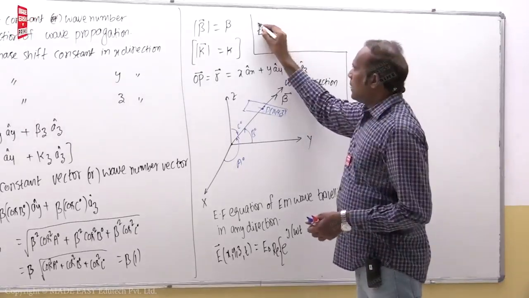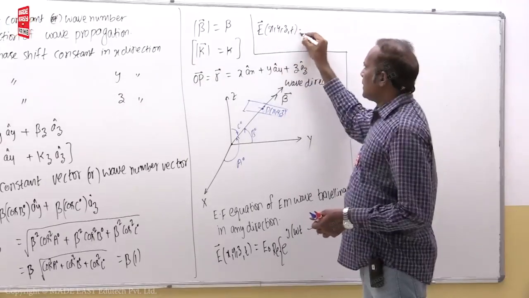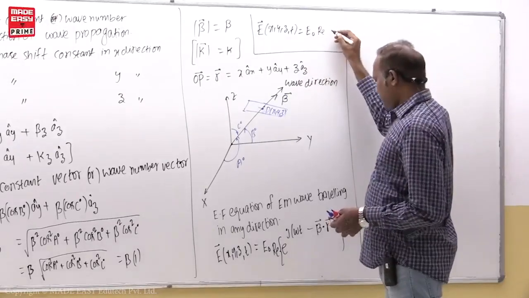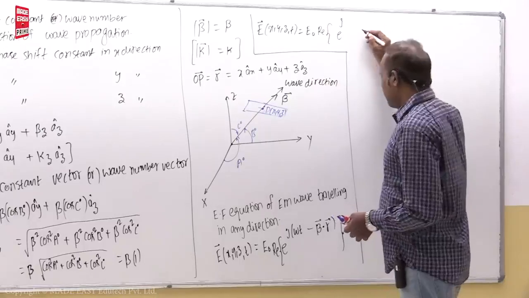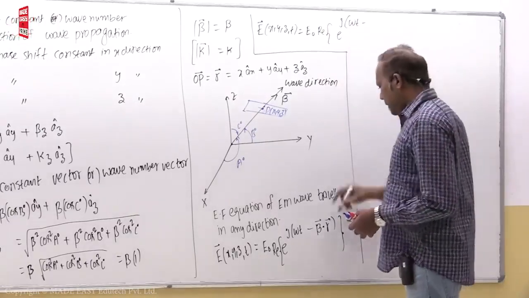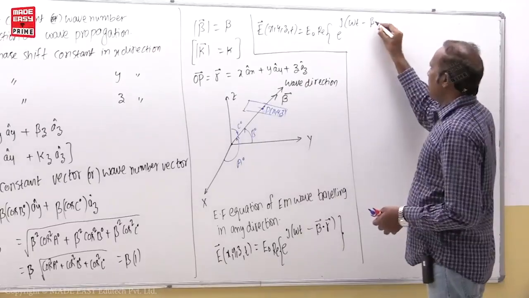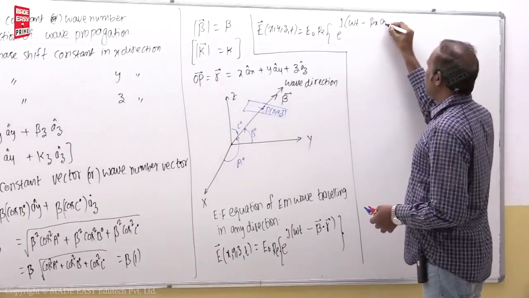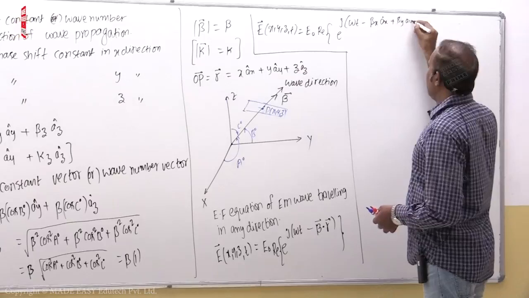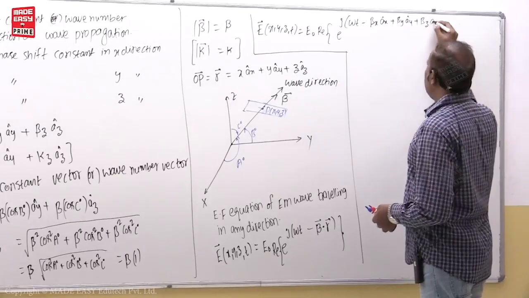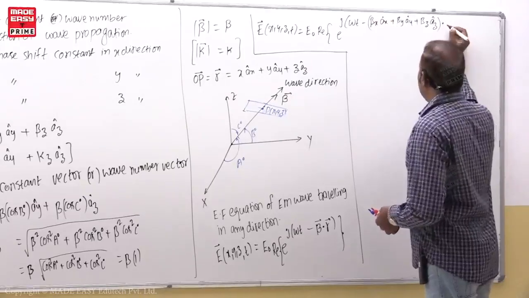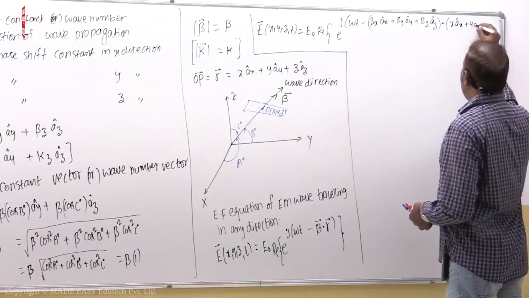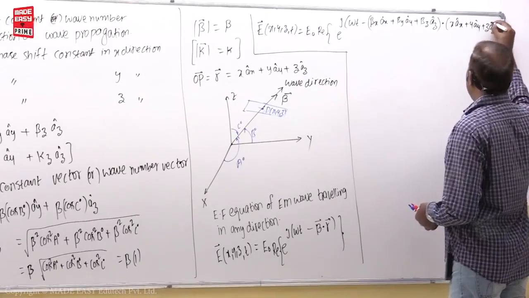Now E bar of x, y, z, t is equal to E naught, then real part of e power j omega t minus beta bar, which is nothing but beta x ax plus beta y ay plus beta z az, dot x ax plus y ay plus z az.